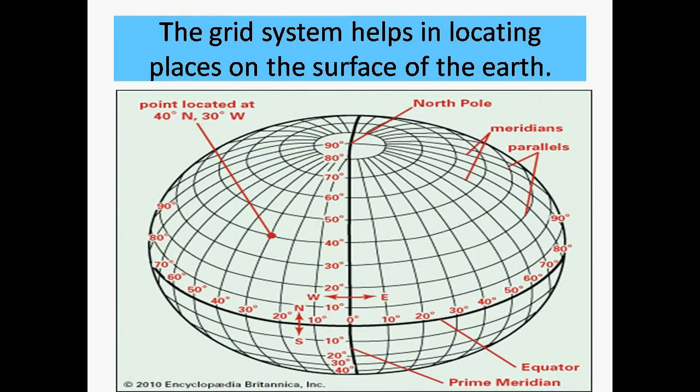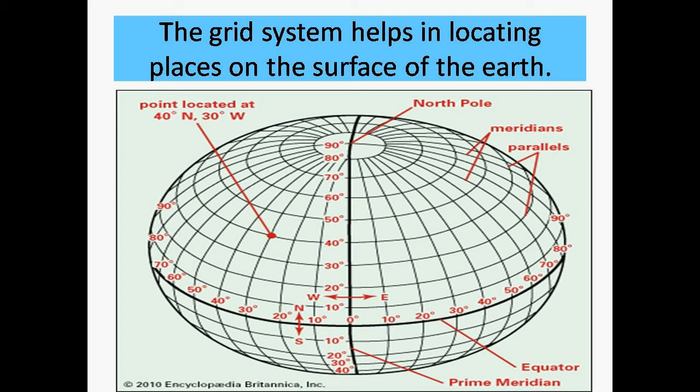In this manner, all the latitudes and longitudes on the globe make a grid system. So here we need to know the importance of the grid system on the globe. The grid system helps in locating places on the surface of the earth.